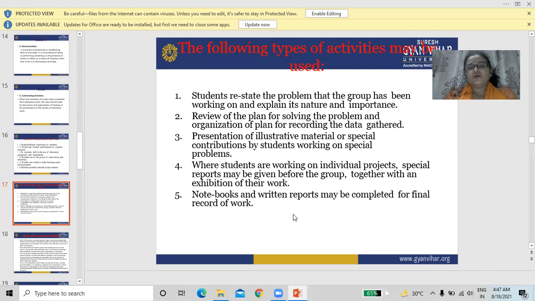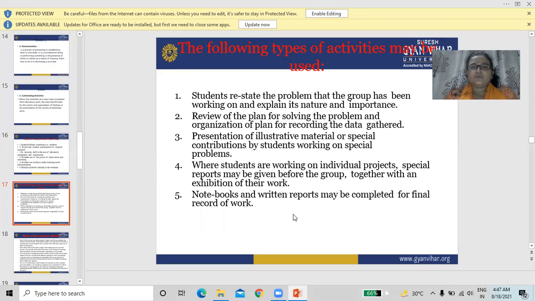Review of the plan for solving the problem and organization of plan for recording the data gathered. Presentation of illustrative material or special contribution by students working on special problems.